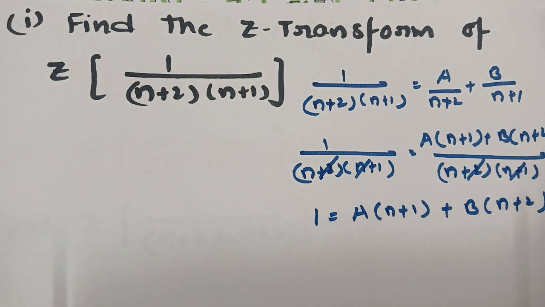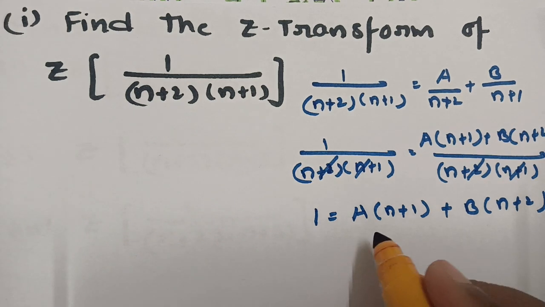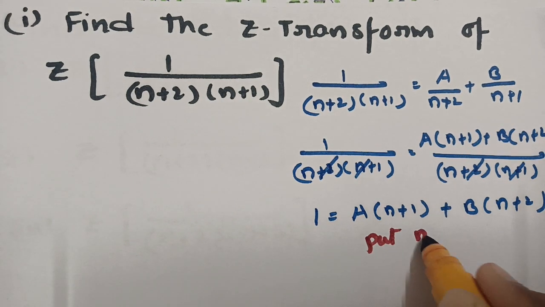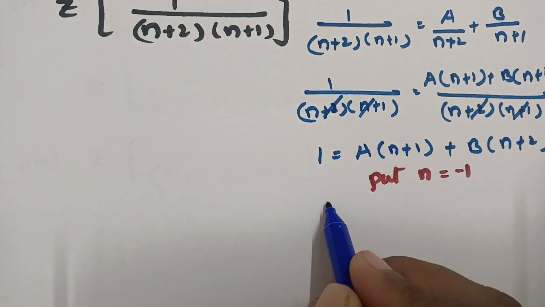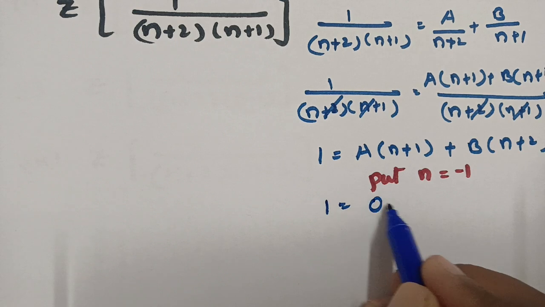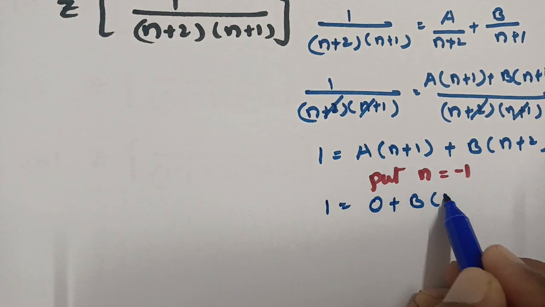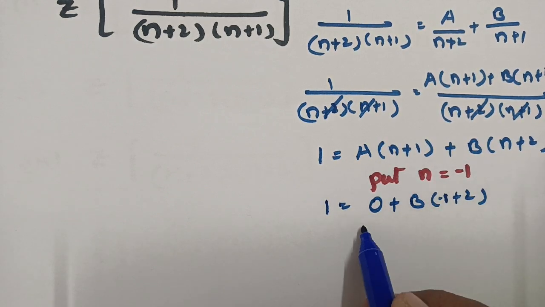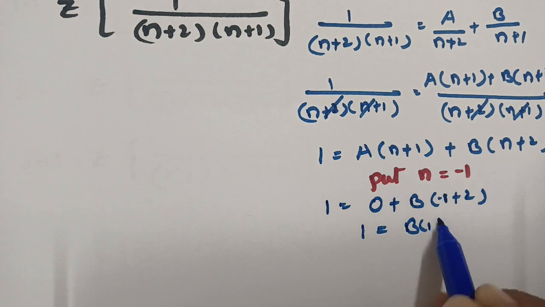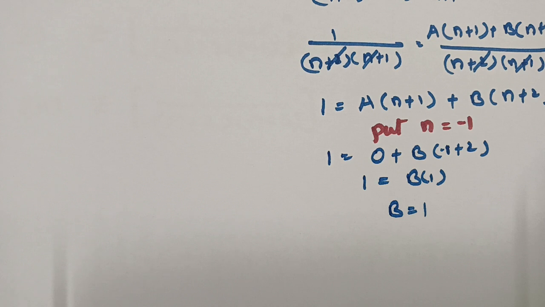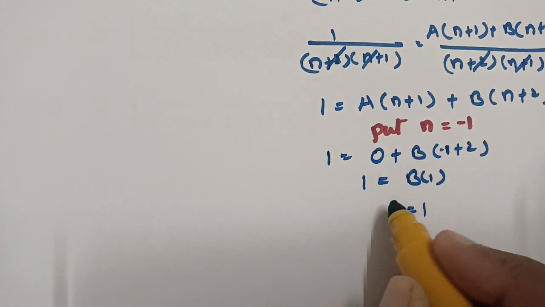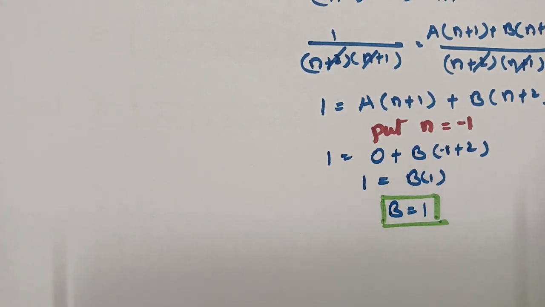So if I put n is equal to minus 1, see here, this will get cancelled. That is 1 is equal to 0 plus B times (minus 1 plus 2). So 1 is equal to B into 1. So we got the answer of B as 1. After getting B as 1, which substitution do we have to keep?